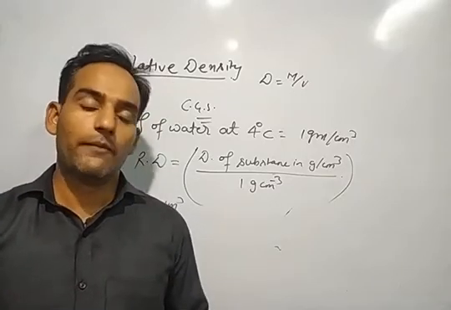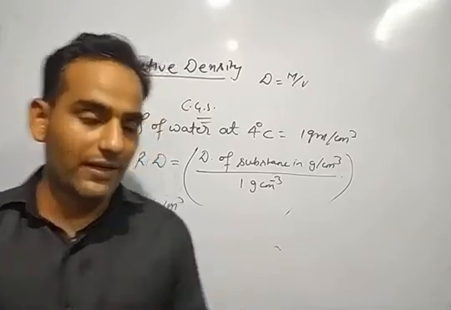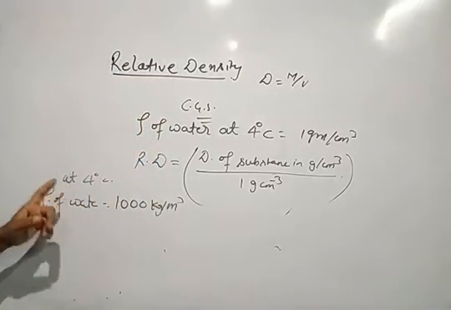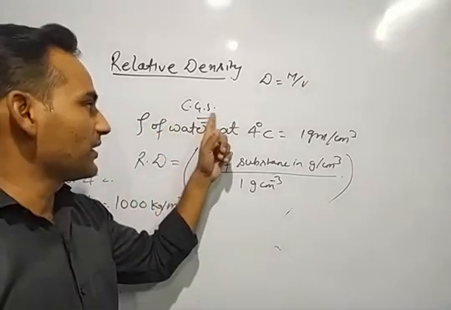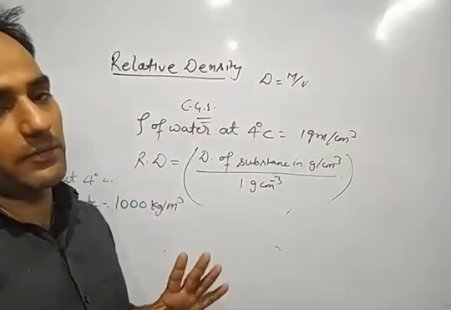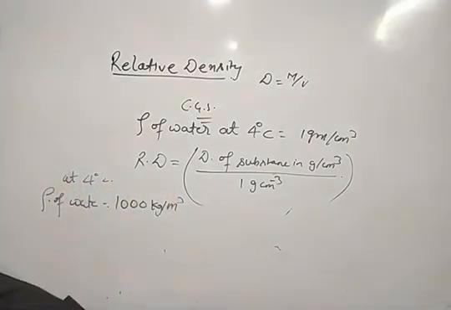That's why we call it the anomalous expansion of water. And that is why at 4 degrees centigrade the density of water is 1 gram per centimeter cube, or 1000 kilogram per meter cube. Please remember that.